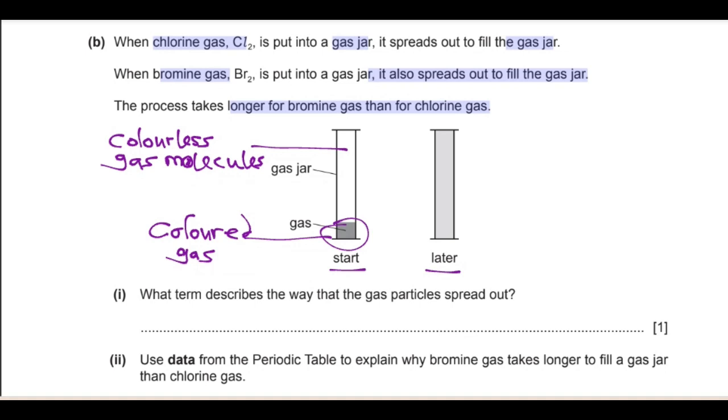Now, we have this colored gas which is put at the bottom of the gas jar, and after some time we observe that the color diffuses to fill the entire space of the gas jar, or to mix up with the colorless particles of gas molecules.